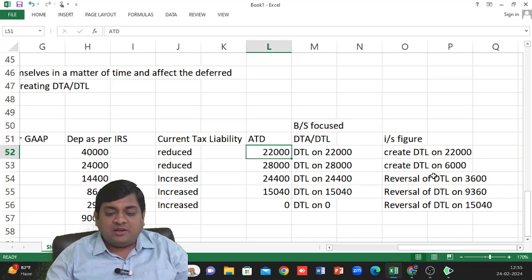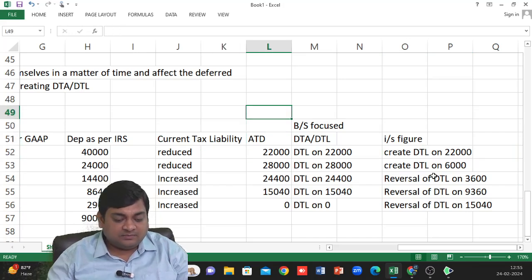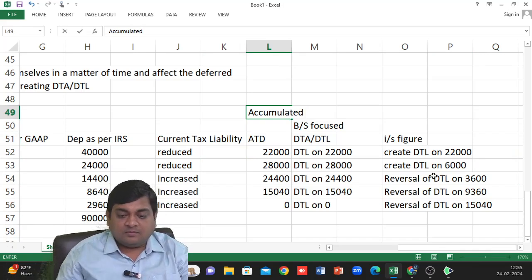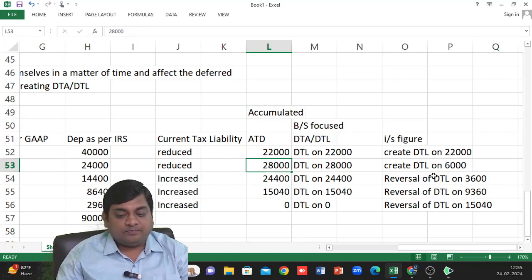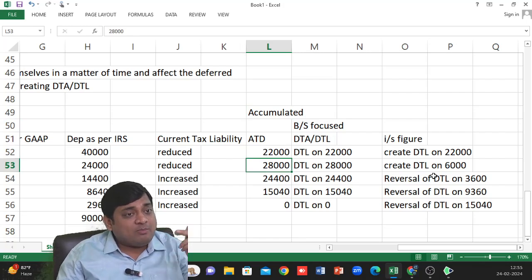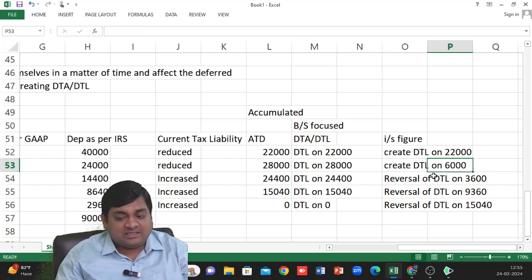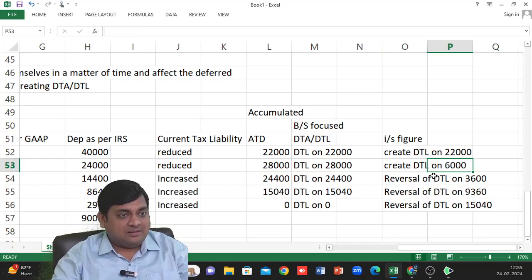This is accumulated timing difference, because tax rate also might differ. But I have assumed that tax rate is same, so you can do it like this. More addition means more creation. When it is getting reduced, it means it is reversal.